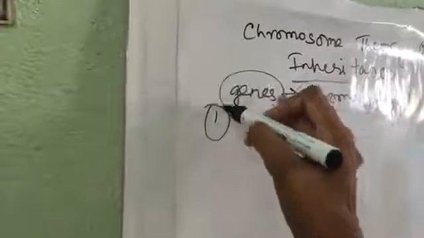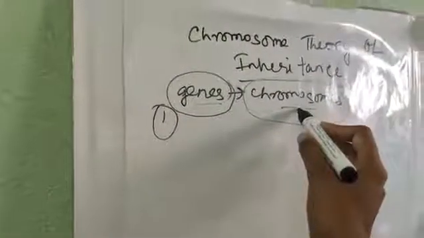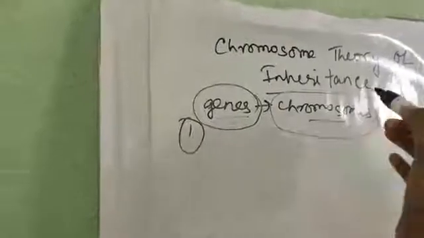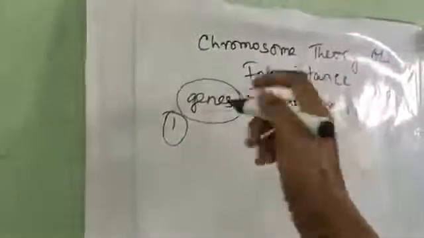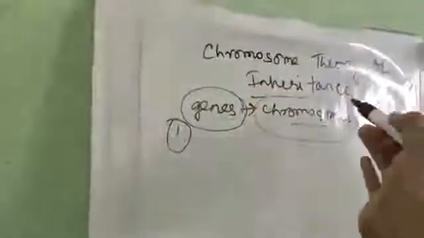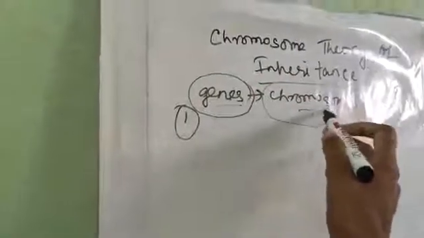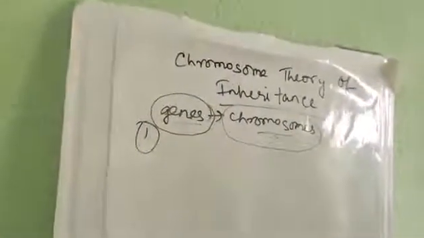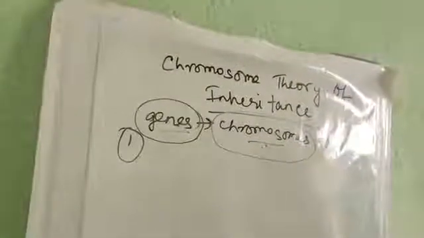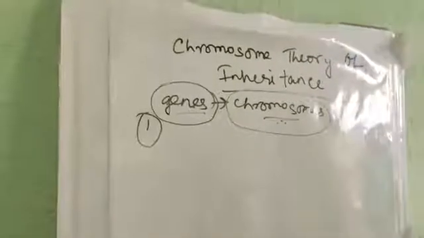And if these genes are transferring from one generation to another, so will this chromosome as well, because chromosomes are containing the genes. So if these genes are getting transferred, the chromosome have to transfer. Okay, so first evidence is that Mendelian factors and chromosome together are transmitted from one generation to another, as I have told you just now.